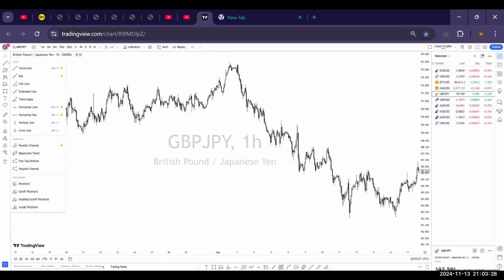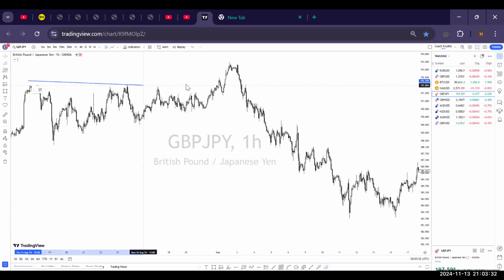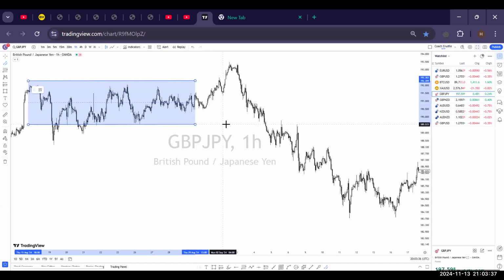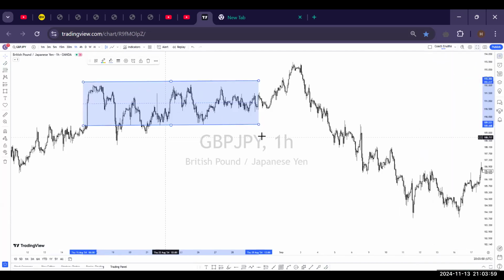I've added it to my favorites. What we have here is the channel. Price has been consolidating, right? The top is seen as the resistance level, and the bottom is seen as the support. We have the resistance and we have the support, right?